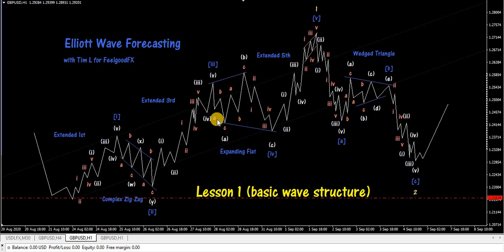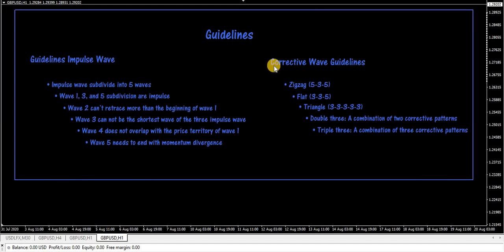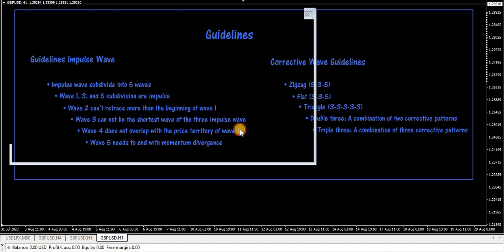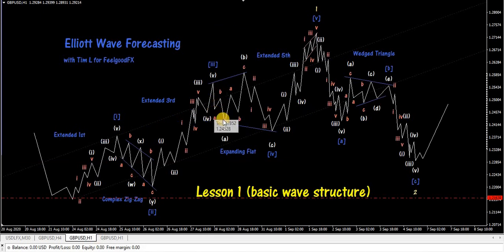And these are subdivided into 3-3-5. Okay, and I think I've got it over here. Yeah, corrective wave guidelines: flat correction, 3-3-5 is the subdivision. So let's take a look at this, man. It's ABC. 1, 2, 3, 4, 5. Guys, C waves are very impulsive, hey?